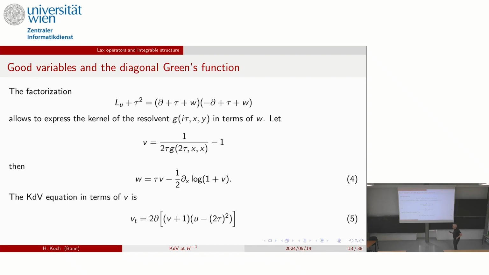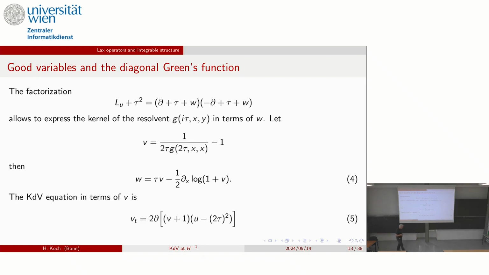And then there's this, what I want to call good variable, which also occurs in the paper of Killip and Visan with a slightly different normalization. And then there is this differential equation between W and this good variable, which is quite explicit and again a first order equation, which can easily be studied and also inverted.